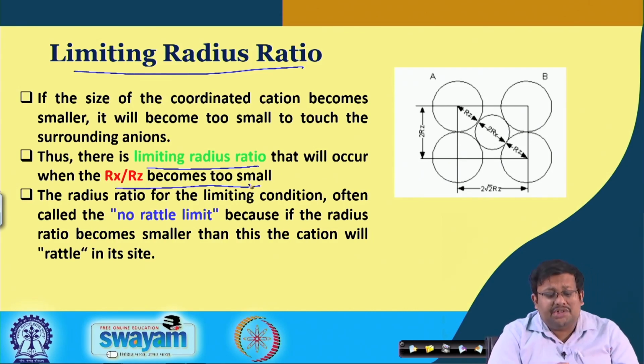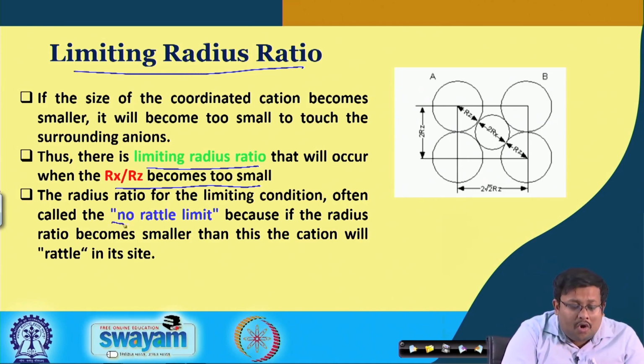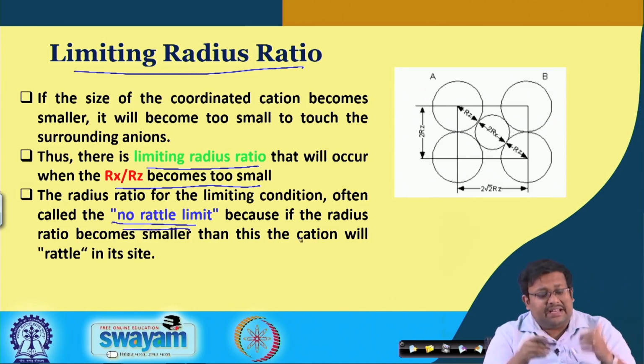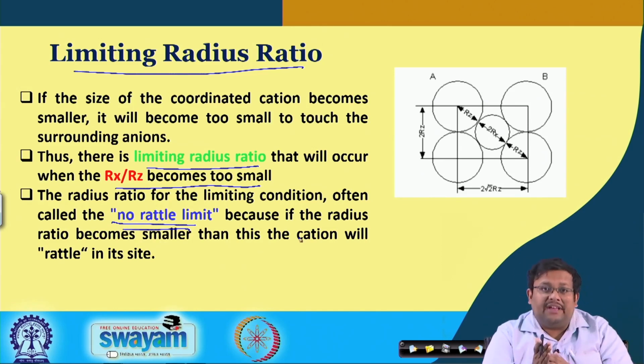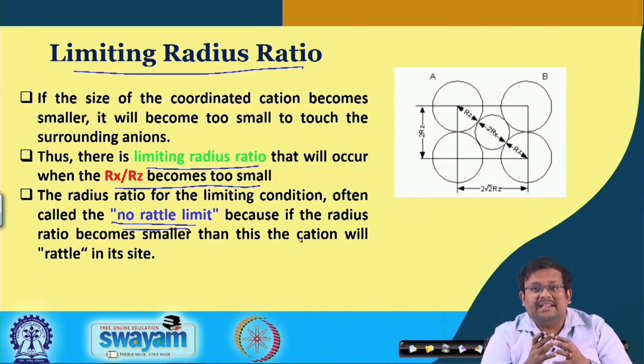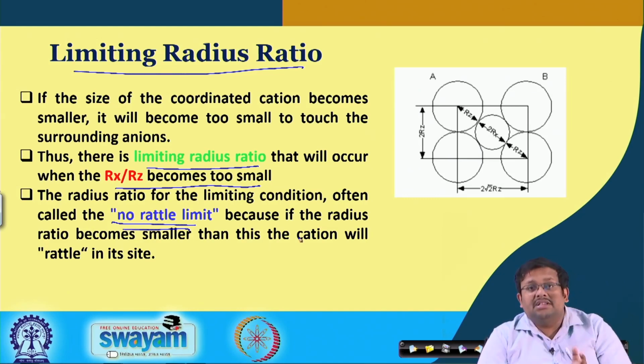The radius ratio for the limiting condition is often called the no rattle limit, because if the radius ratio becomes smaller than that cutoff value, then the cation will rattle in its site. That is why there is a specific terminology called no rattle limit.